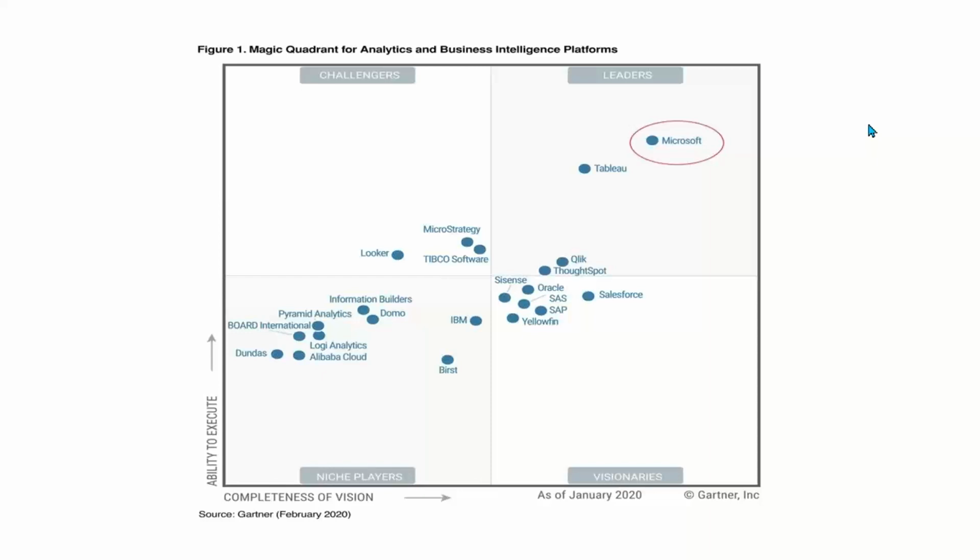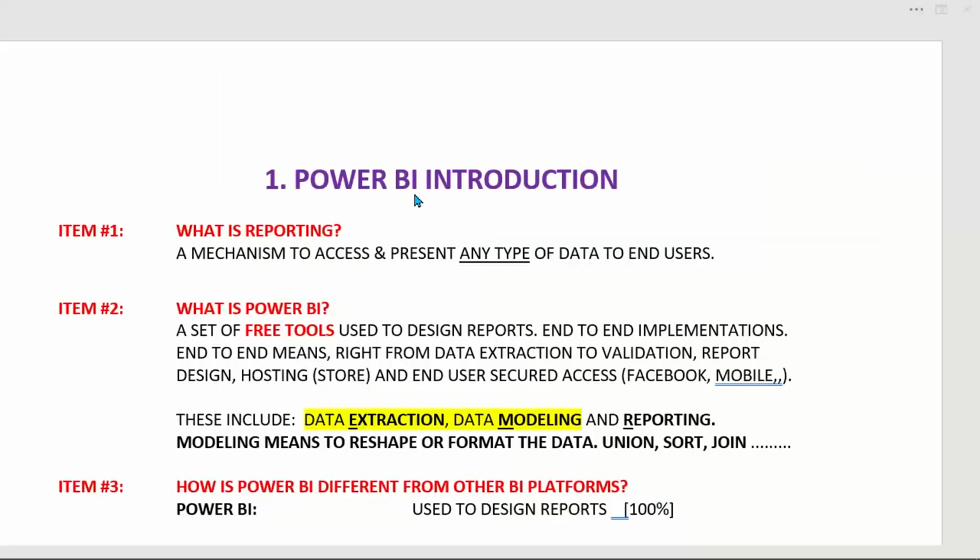Let's understand what Power BI is technically, then let's think about the comparisons and conclusions. What is reporting? I'll include all these things in the notes anyway, as promised earlier. Let's understand the vocabulary involved in Power BI.